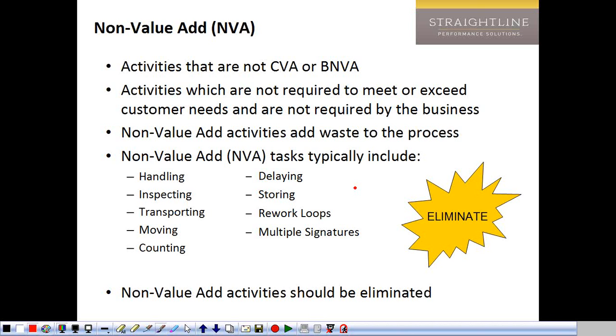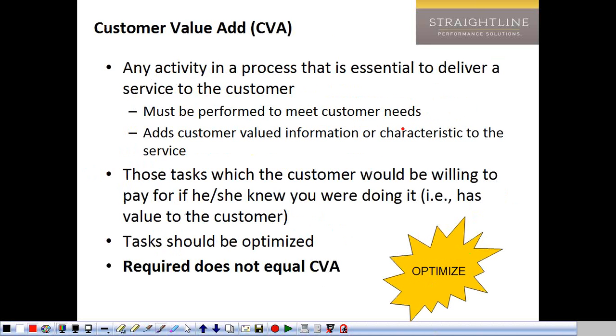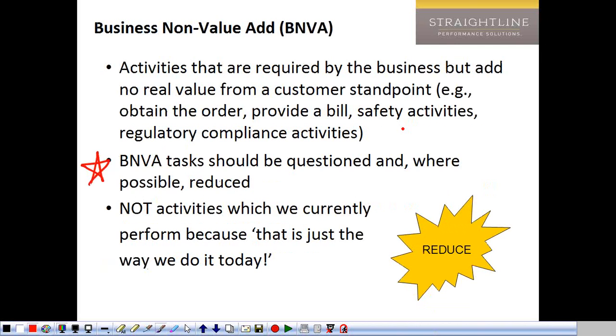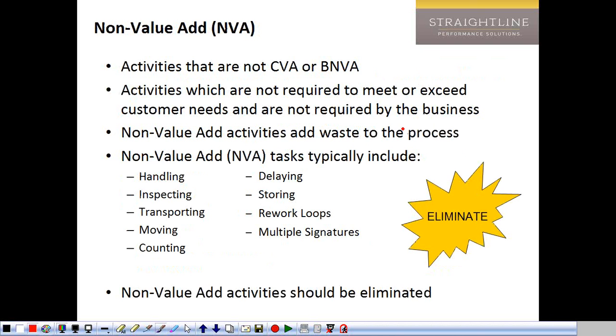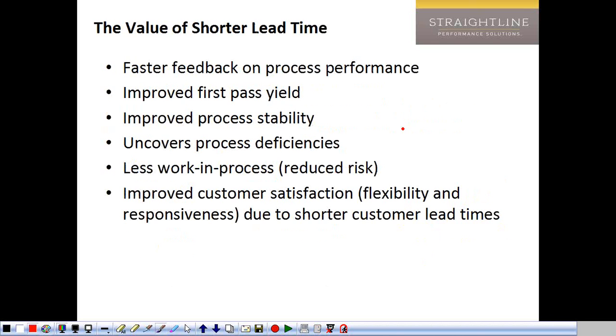All of those things add to non-value added time. Okay? These things should be eliminated. So the idea is to optimize value add, reduce non-value add, business required non-value add, and eliminate non-value add. All right.